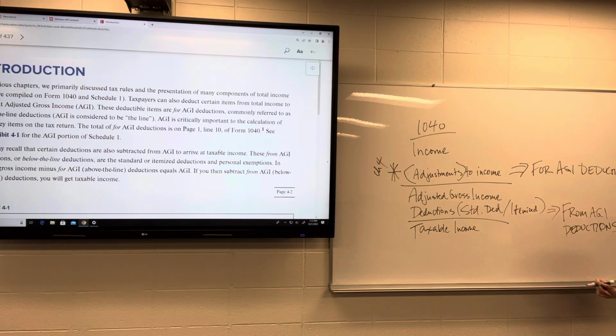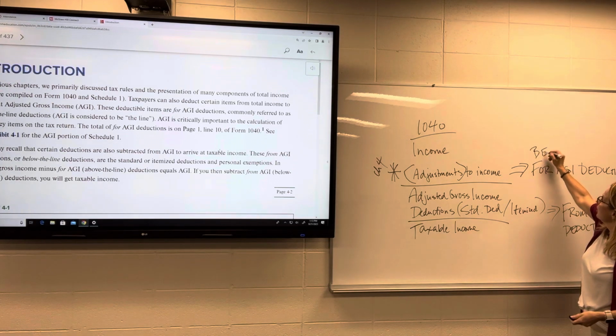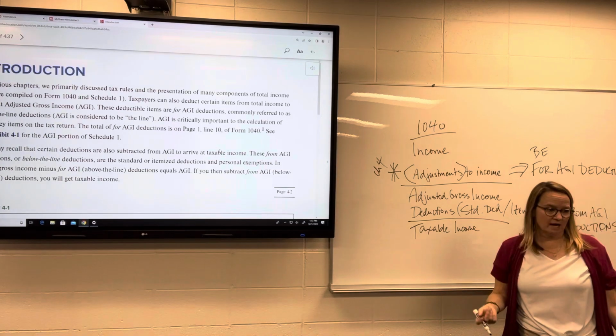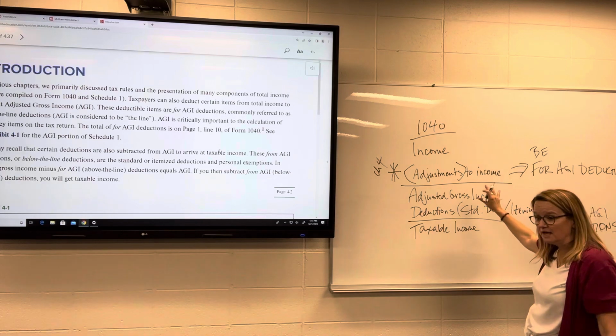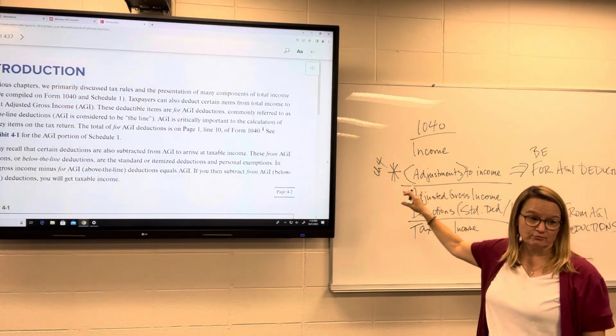You can remember the for AGI by thinking about the fact that they are before AGI. They come before AGI. And being able to visualize that 1040 is really helpful.